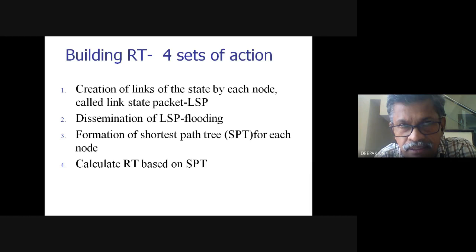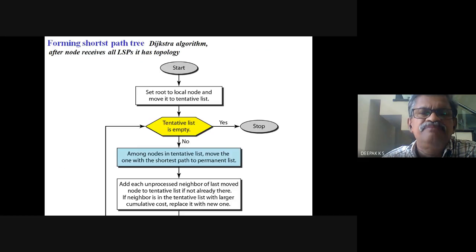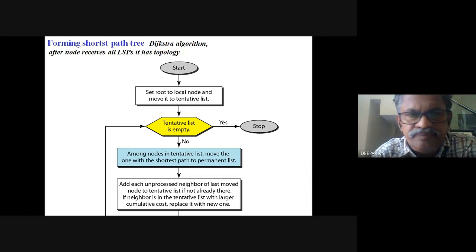And then the node can calculate the least cost route and create the routing table. So those are the 4 steps which can be done using the Dijkstra algorithm. The flowchart we had seen.